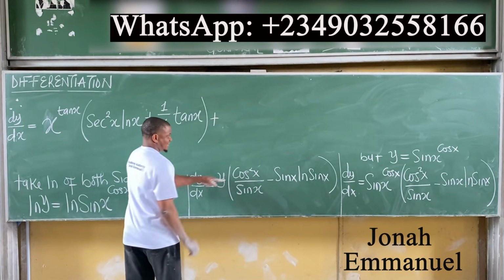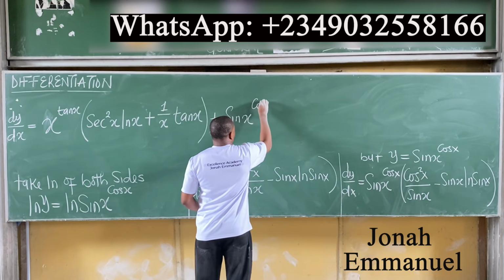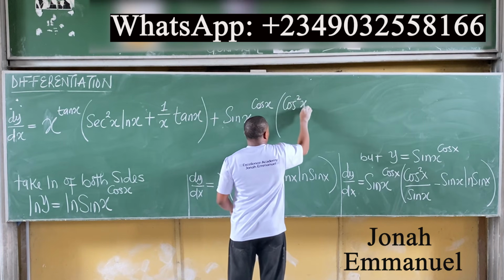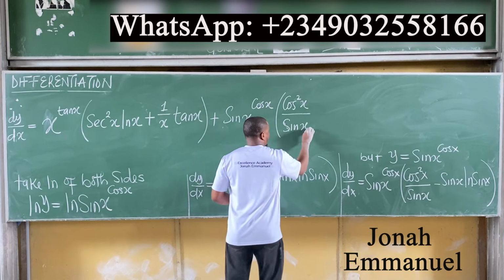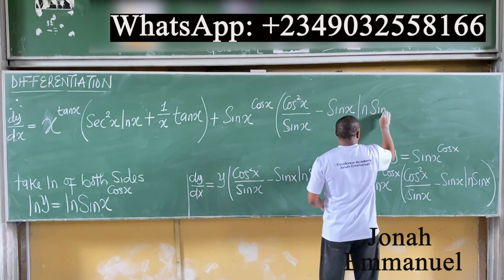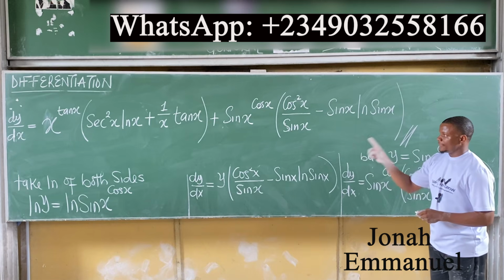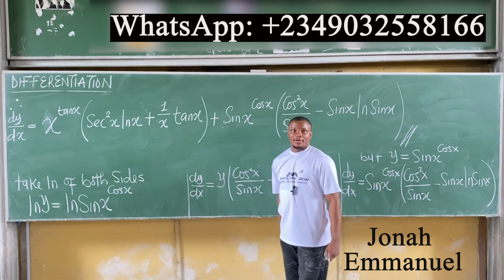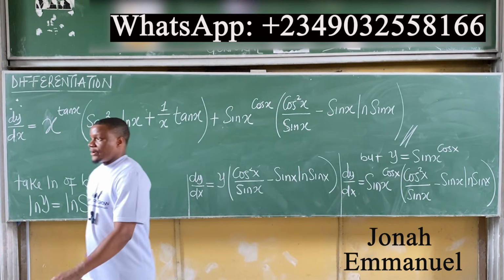This plus the second answer there: sin x to power cos x into cos squared x over sin x minus sin x ln of what there? This becomes the answer to that question, all of this. So what you have here is the answer to that question. All right. Let's proceed, please.